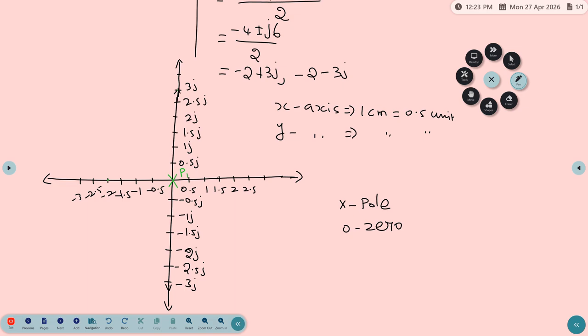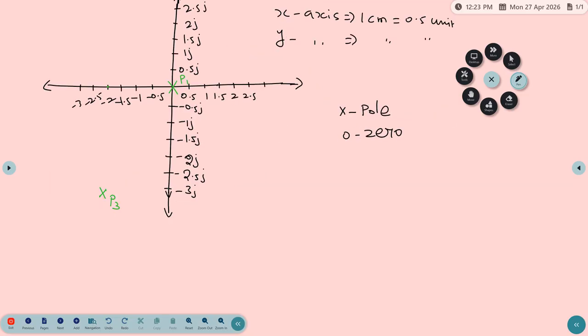The meeting point of minus 2 as well as plus 3 is called P2, the second pole, that is minus 2 plus 3j. Similarly, your third pole is minus 2, minus 3j. So we will have it approximately here. Let us assume this represents your P3.